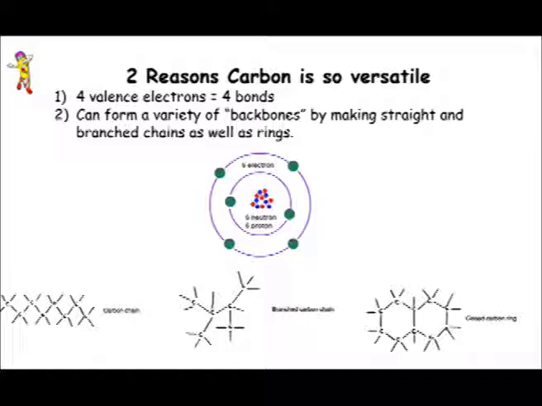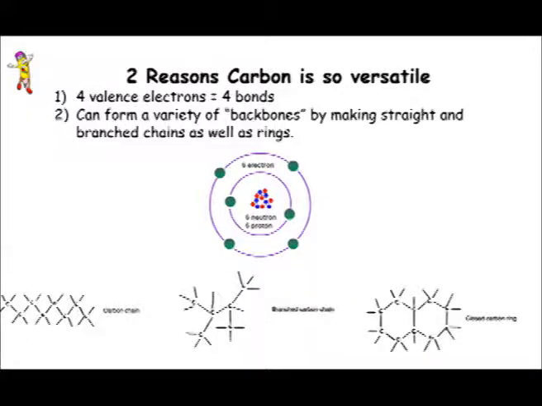So not only does it have the ability to bond to 4 different atoms, or double bond, triple bond, whatever, but it also can do that in a variety of different backbones, basically, branched and straight chain and different ring structures, and all these very complex looking molecules. But that huge variety allows carbon to play a very central role in life, and this is a big part of it.